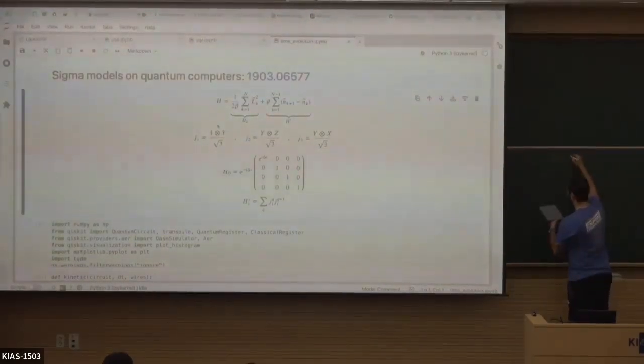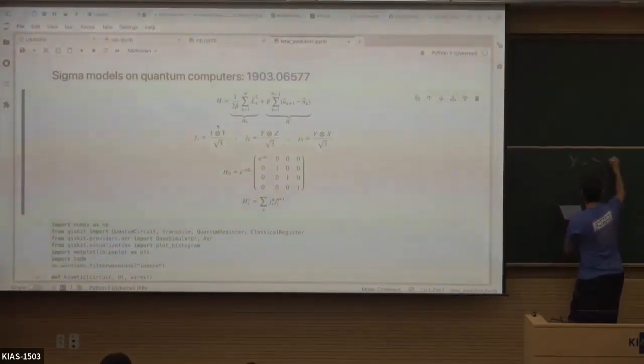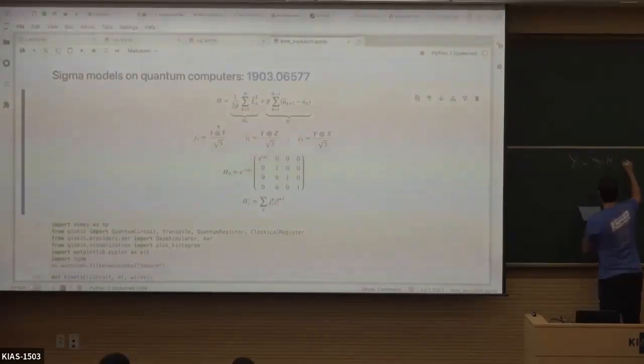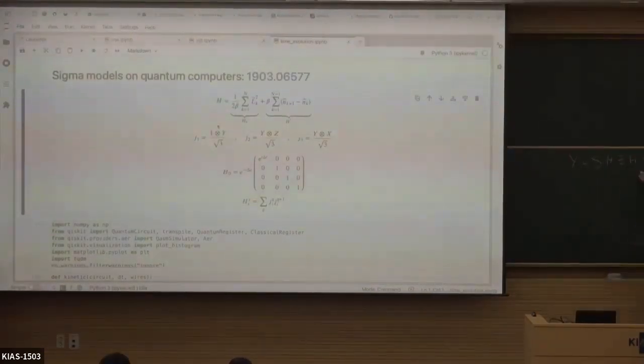So the identity that I used is Y equals S H Z H S dagger. This is the phase operator, Hadamard, phase, and Z operator, because I want to write it eventually as a Z operator. Okay, please use pen and paper and try to derive me a circuit.